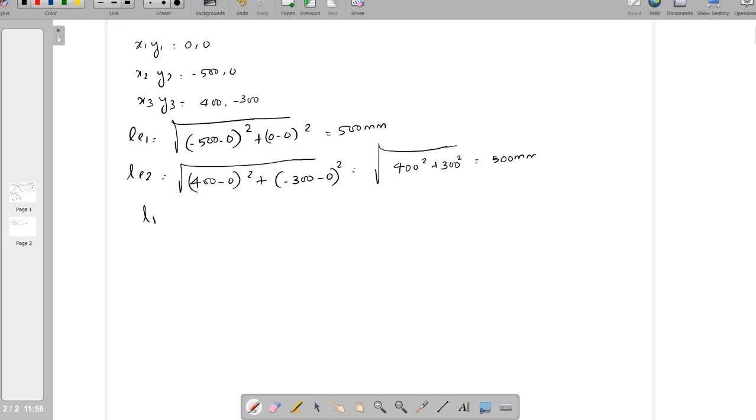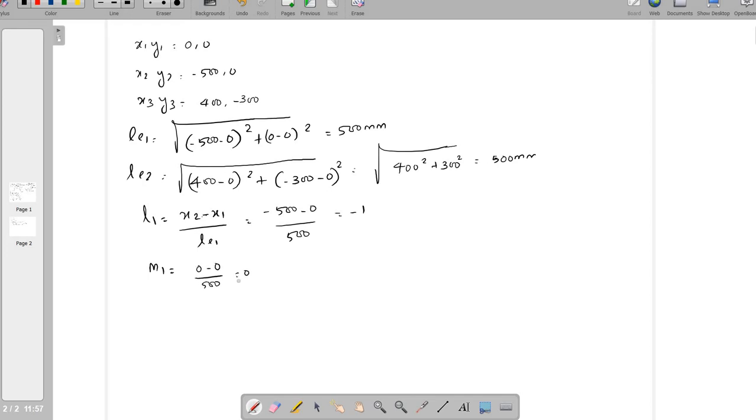Next one, L1. L1 is equal to x2 minus x1 by LE1. So x2 minus x1 is minus 500 minus 0, by LE1 which is 500. So minus 500 by 500 is minus 1. M1 is y2 minus y1. So 0 minus 0 by 500.